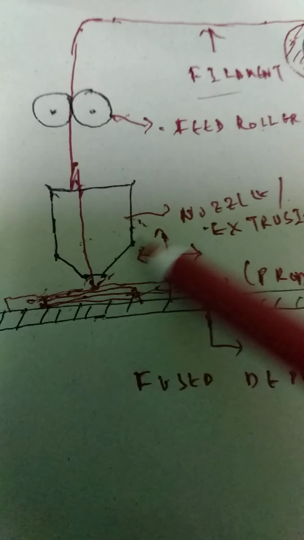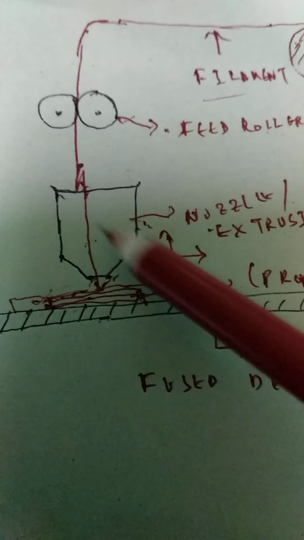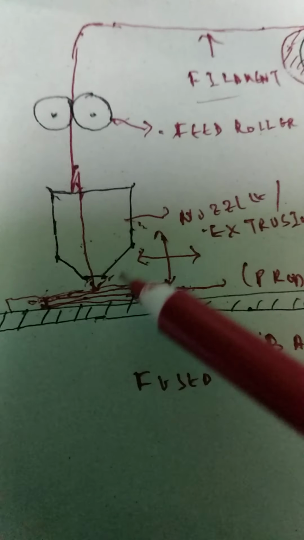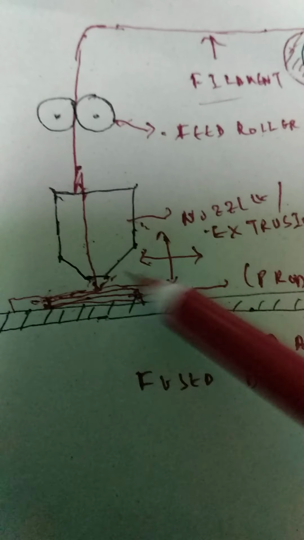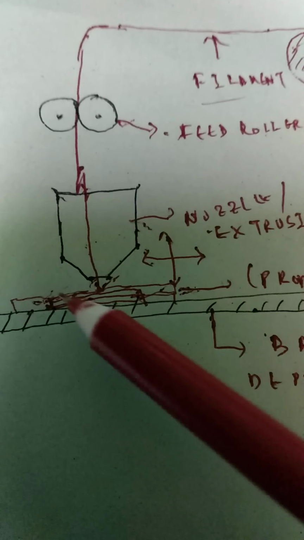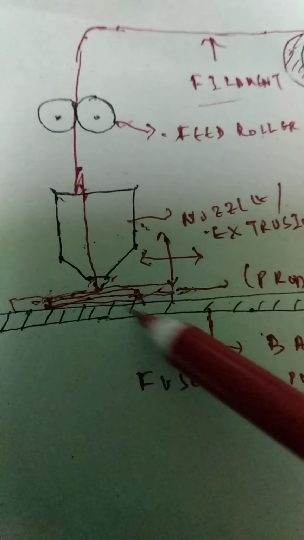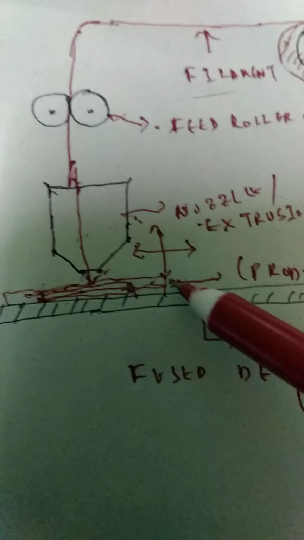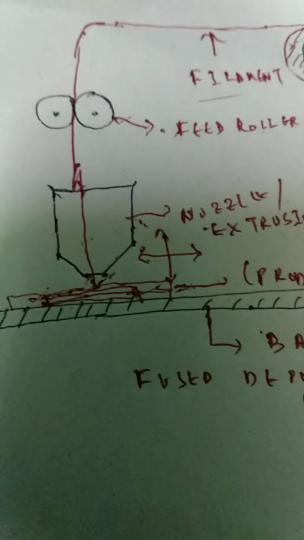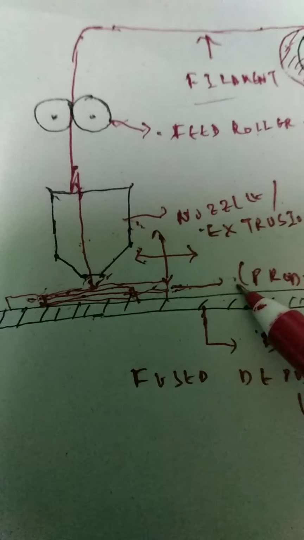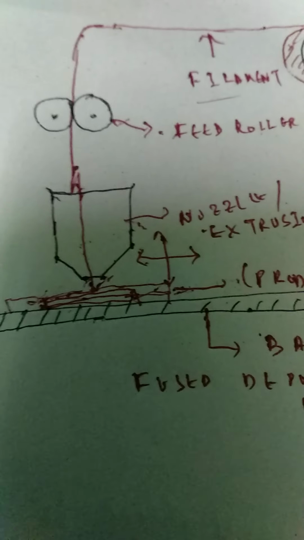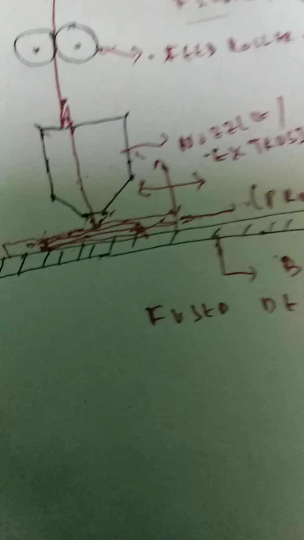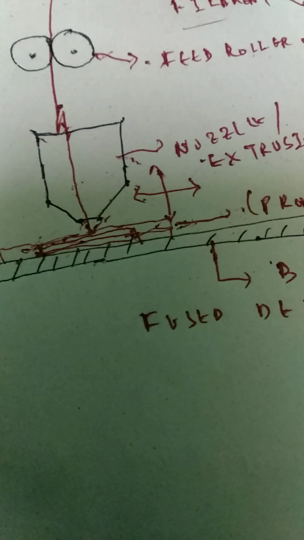Through this nozzle, the material will be deposited by the movement of the nozzle in various directions. The final model will be generated on this platform. So this is about the process. I hope you have understood it.